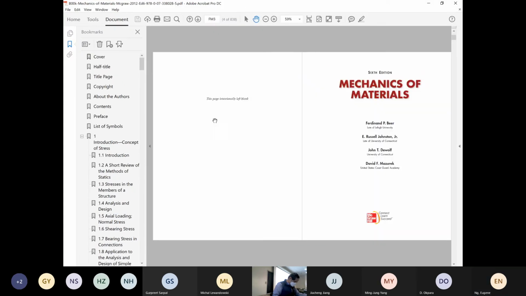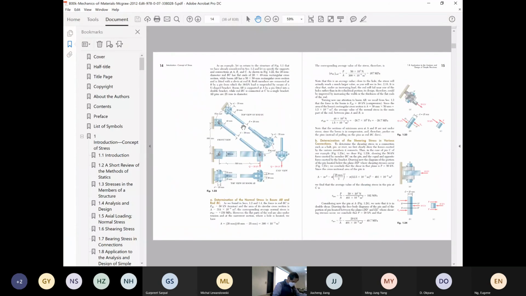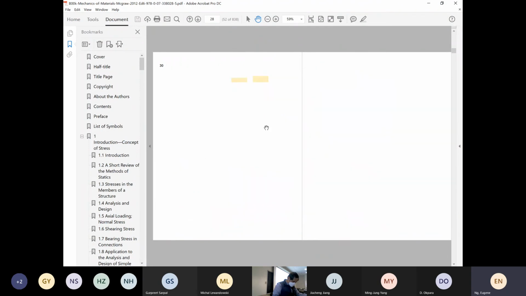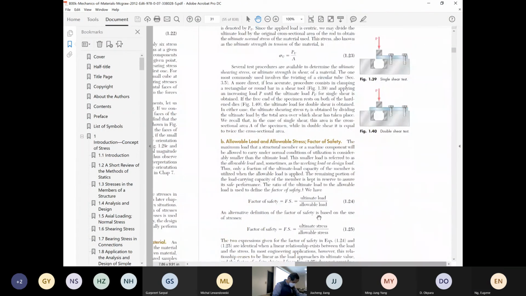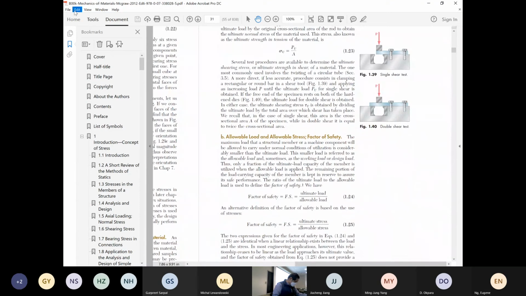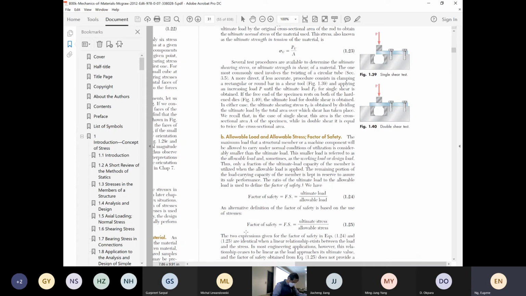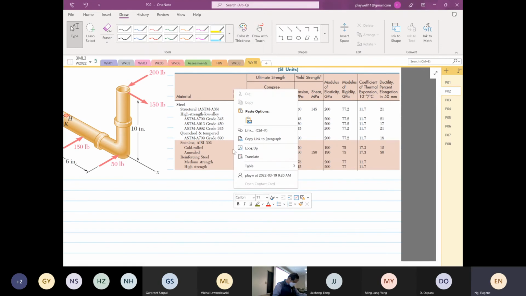Our textbook has this famous formula. I think you all will know the formula also. Okay, so this is from a textbook. I'm going to copy from a textbook and put it here.